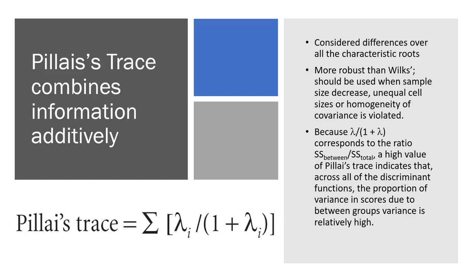Pillai's trace takes the eigenvalue divided by 1 plus the eigenvalue and corresponds to the ratio of the sum of squares between divided by the sum of squares total. A high value of Pillai's trace indicates that across all the different functions, the proportion of variance in scores due to between-groups variance is relatively high. So again, we're talking about a relatively high variance value.